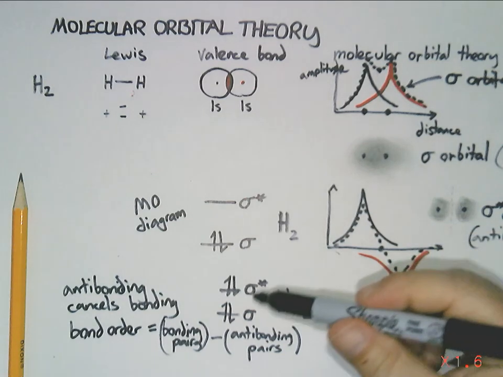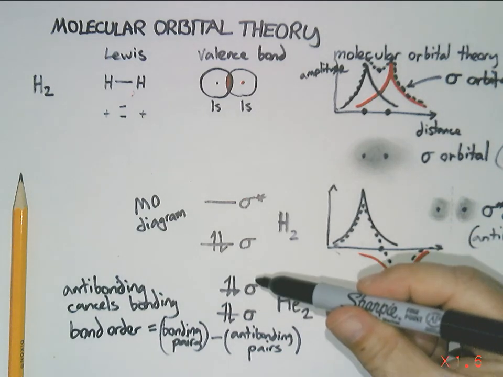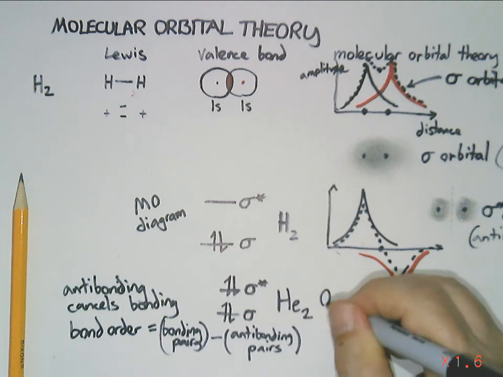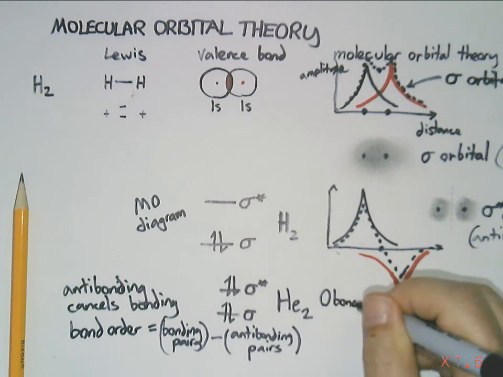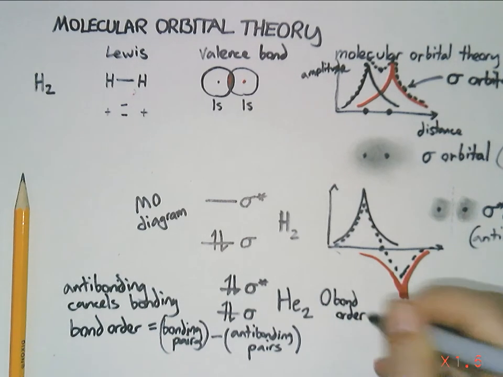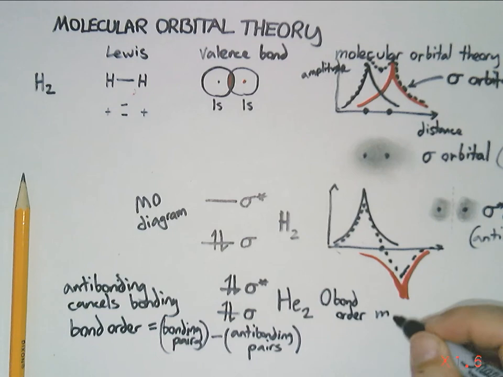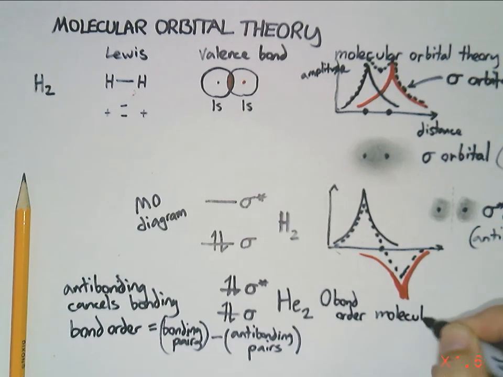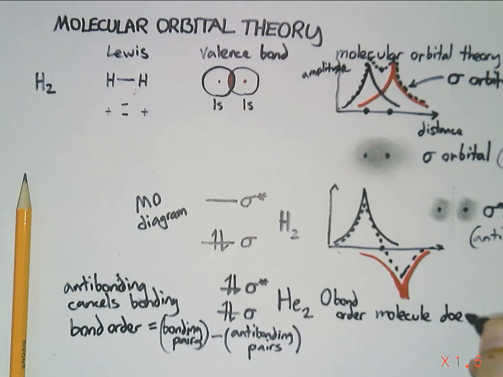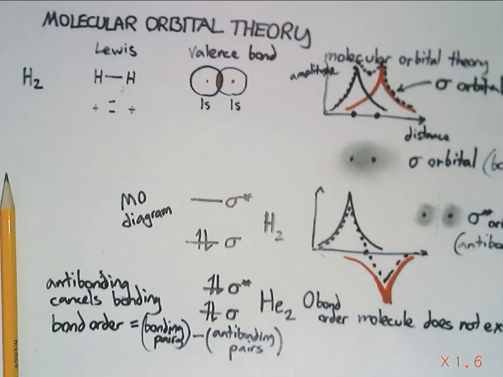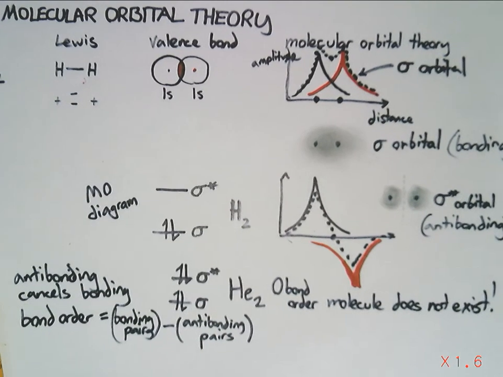So for helium here, we have 1 bonding pair and 1 anti-bonding pair. 1 minus 1 is 0. If you have a 0 bond order, that means that this molecule doesn't exist. You don't have a molecule there.